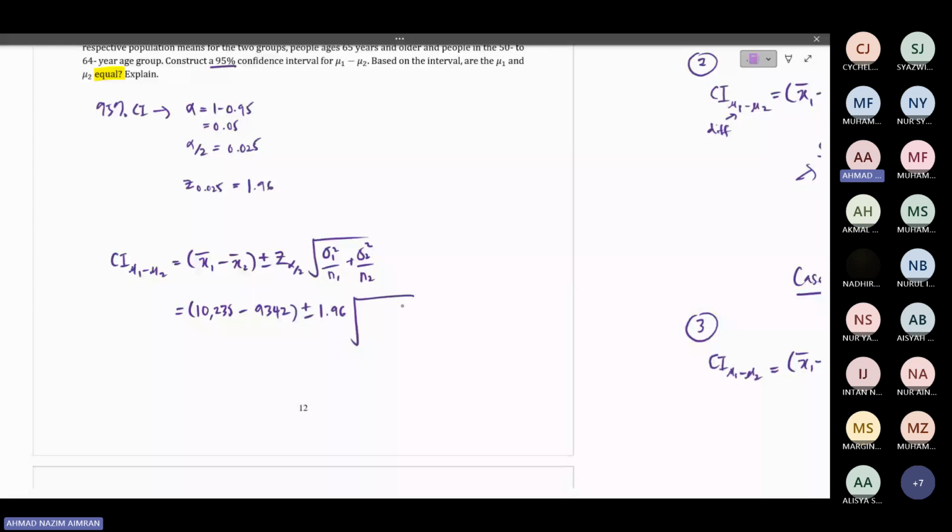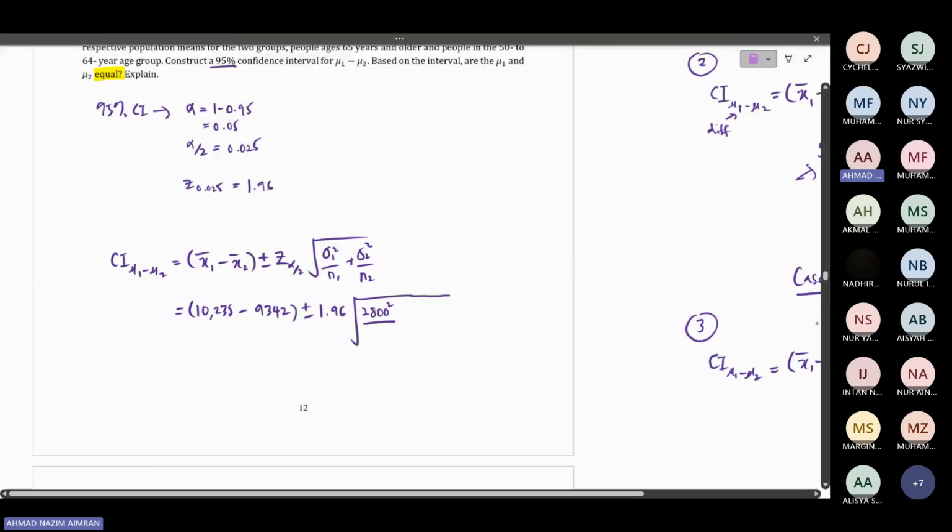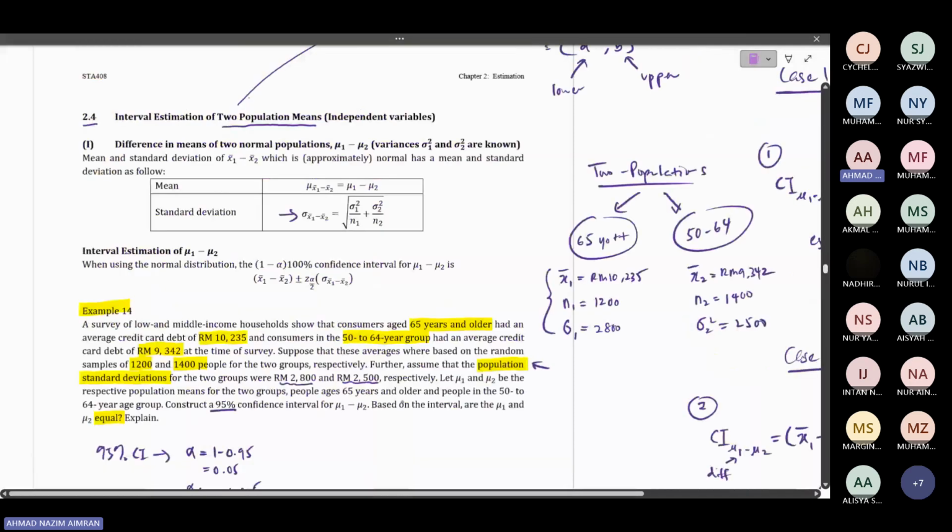Square root of 2800 squared over 1200 plus 2500 squared over 1400. Please be very, very careful, because the given information up here is the standard deviation, but in the formula we need to use the variance. So be careful.